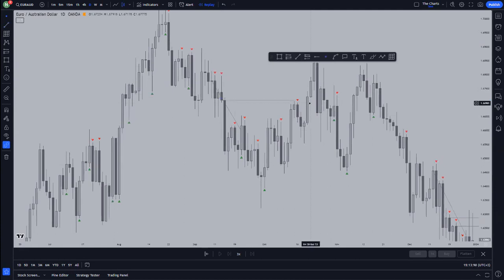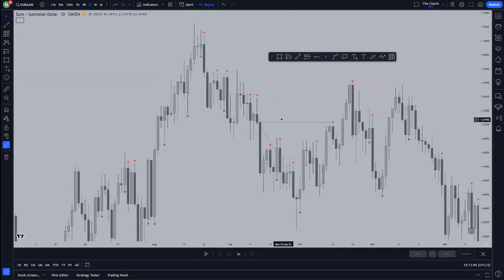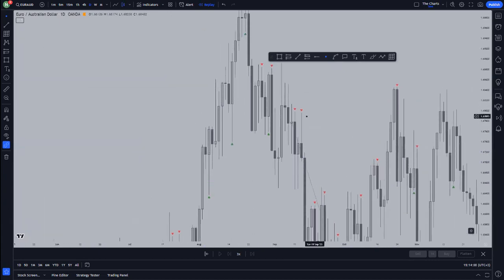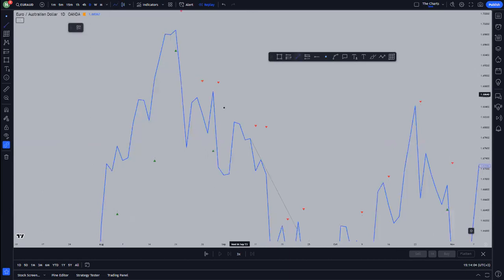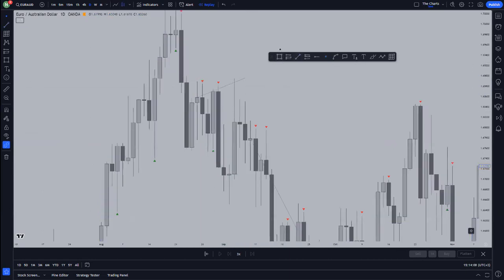until you have more confluences, or a specific reason why you're going to be looking for sells right here. Then again, right here, two engulfing candlesticks, then something like this.